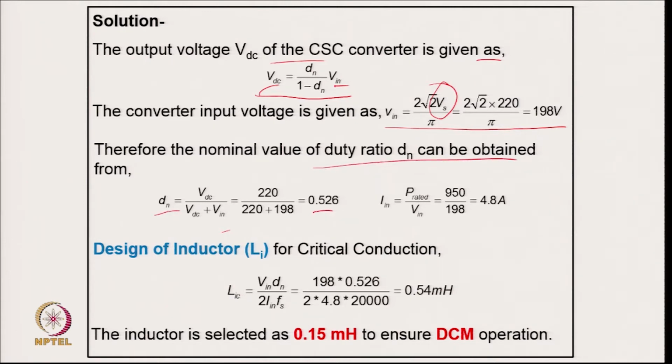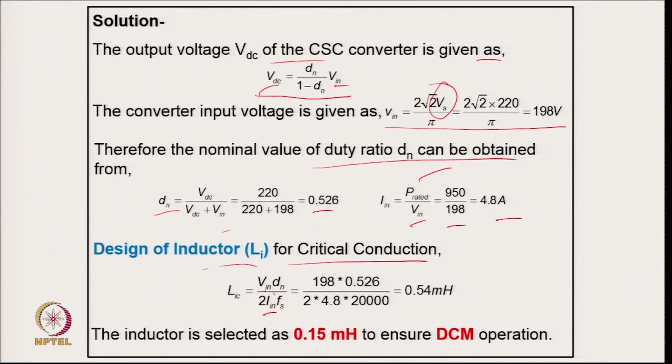It means the converter is operating in boost mode, because this duty cycle is above 0.5, and the input average current is the rated power divided by the average input voltage, and putting the value, we get 4.8 ampere, and we can calculate this inductor for critical conduction mode, because that is the specified value we can find out.